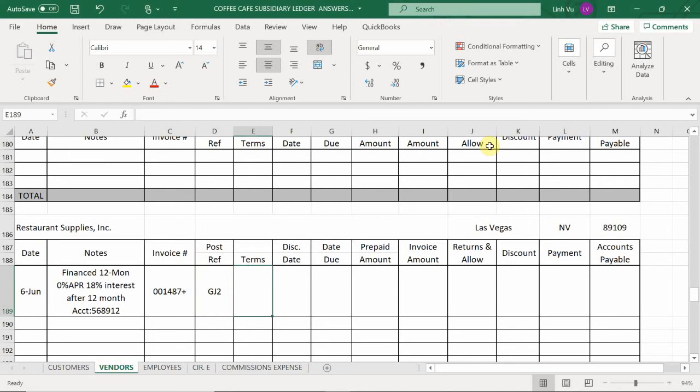Now, because you bought it in store, were you given any terms? If you don't pay after 12 months, you have to pay extra interest.